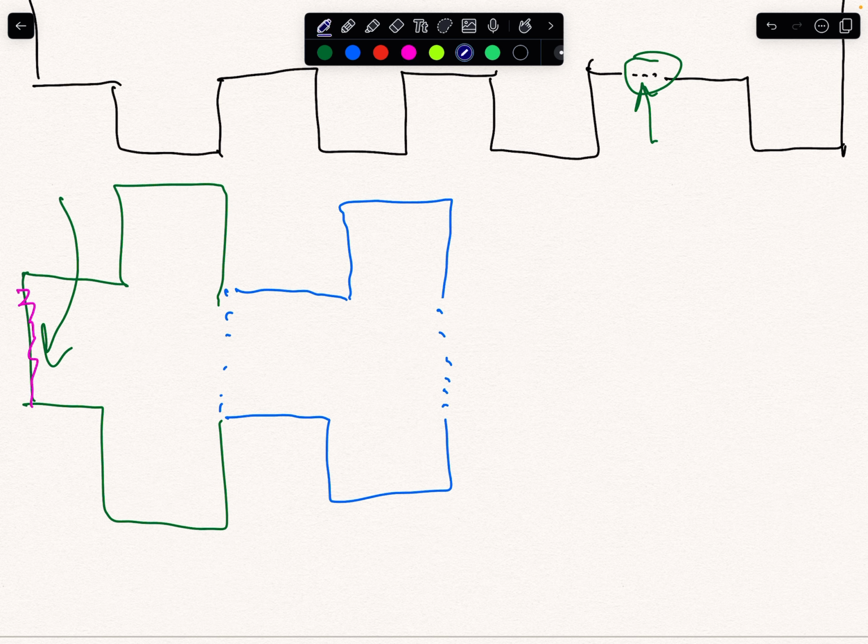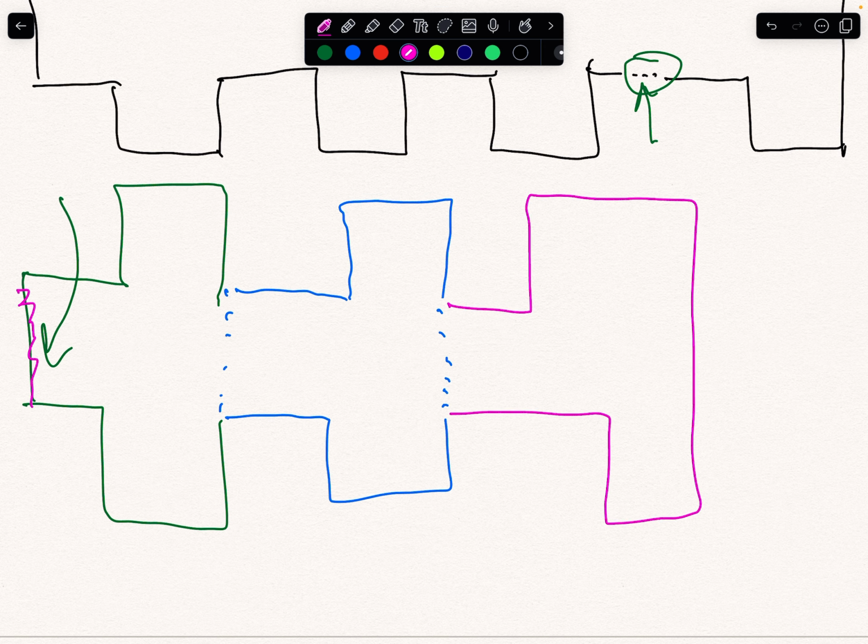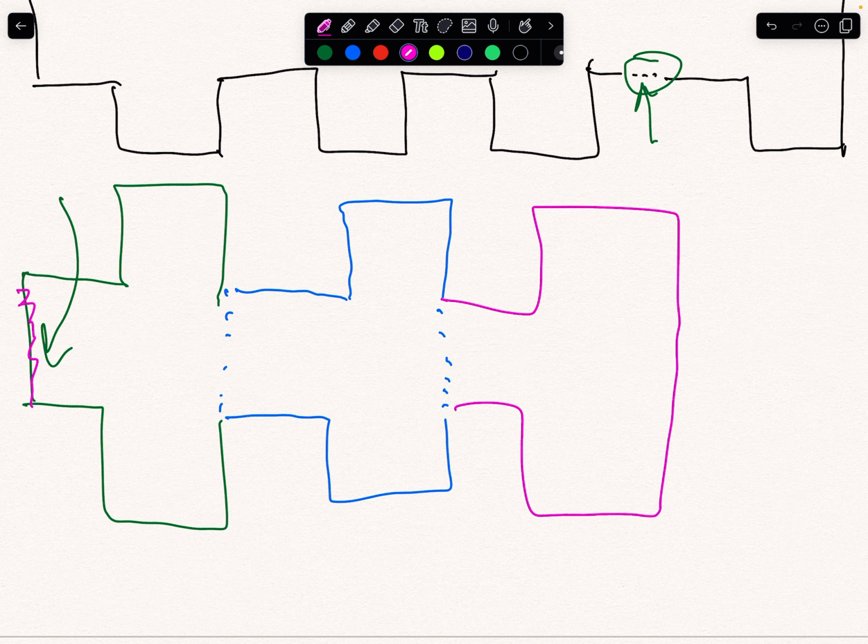Similarly, the ending shape has this line segment drawn in, as, again, it needs to be a closed loop.